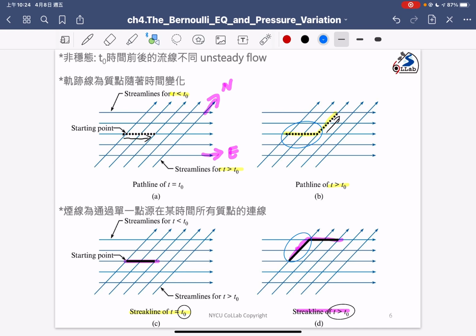So the wind direction just goes here, and the smoke will move another way. Okay, so the streak line is only related to the different time points. Currently, all of the fluid particles at a certain time, I connect all of the particles together to make the streak line.